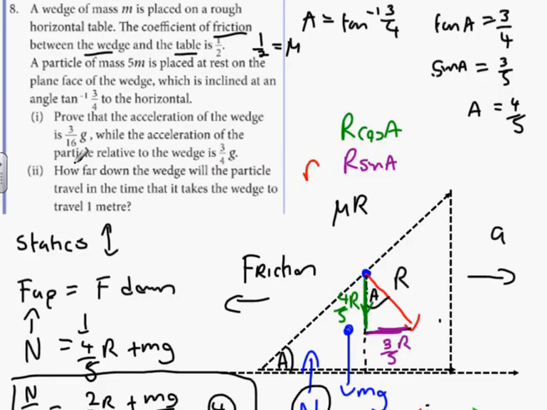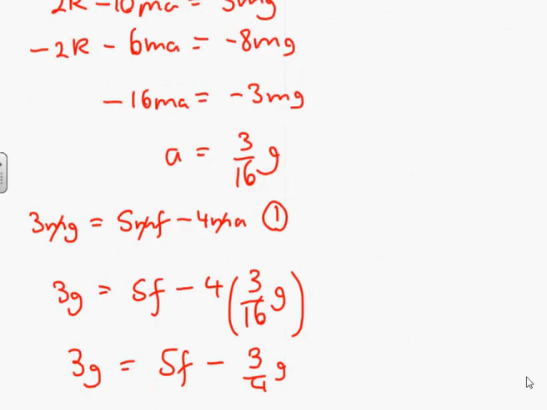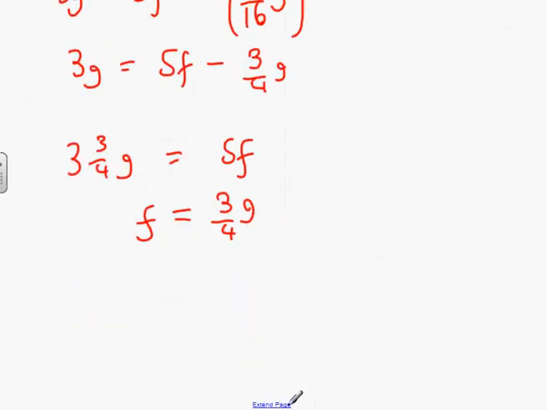Now it gives us a last question. How far down the wedge would the particle travel in the time that it takes for the wedge to travel 1 meter? Any ideas about this? Smells of UVAST, doesn't it? What's your acceleration, guys, for the wedge?